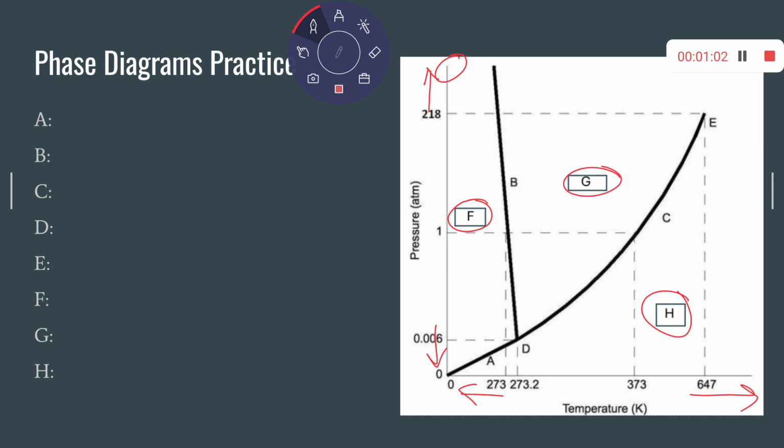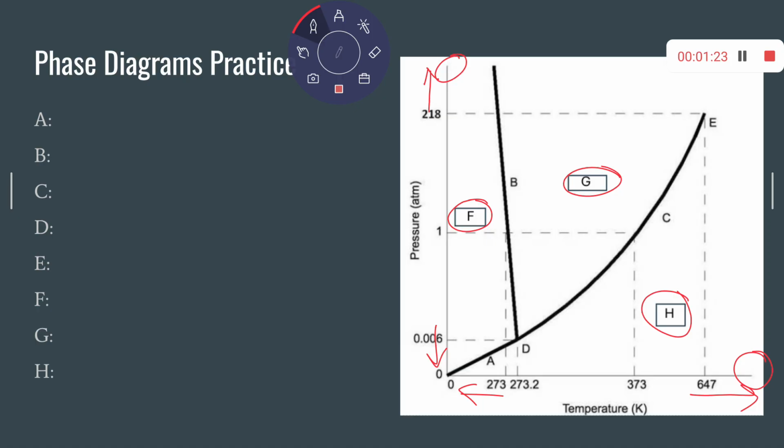Low pressure is going to allow more and more space between my particles, and high temperature, more and more kinetic energy for those particles. And that is most like a gas. So gases have a lot of distance between particles and a lot of kinetic energy for those particles. So this corner is going to be my gas corner.